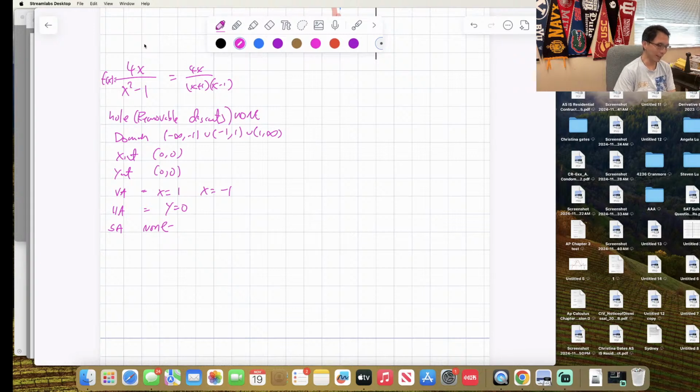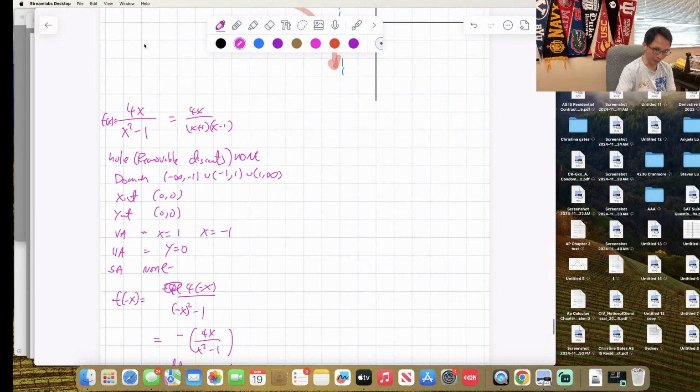This one I would like to ask something. Do you think this is even or odd? It's odd, so it would be 4 times negative x over negative x squared minus 1. So it's going to be negative 4x over x squared minus 1. So it's odd, so symmetry to the origin. And you know why this is going to help you a lot if it's symmetry to the origin.